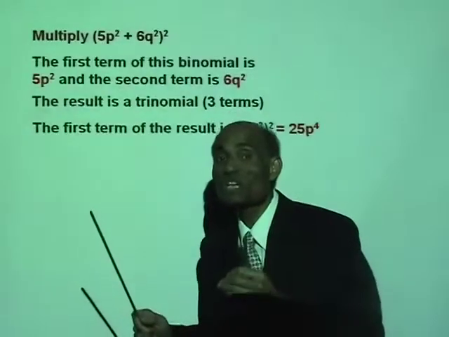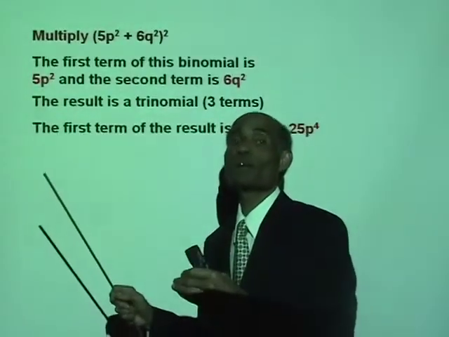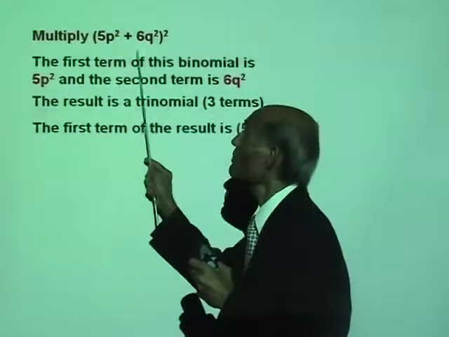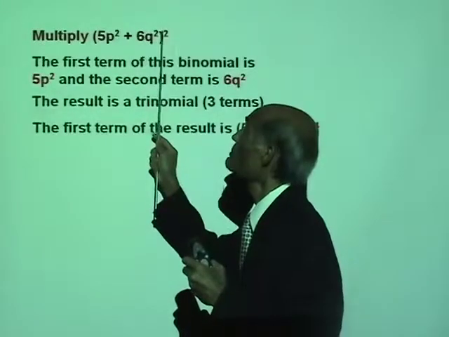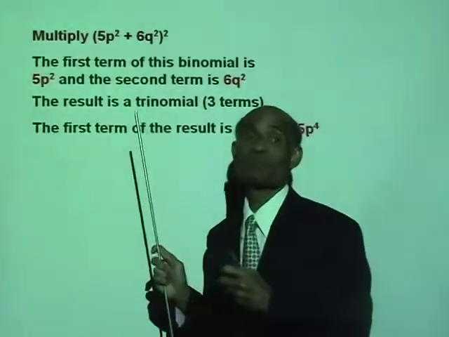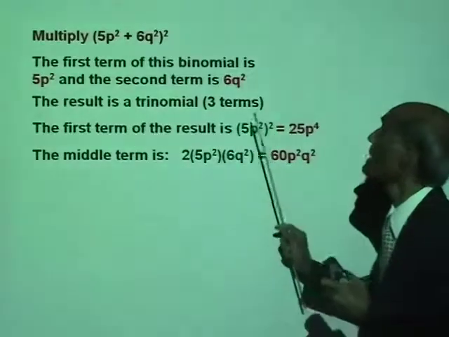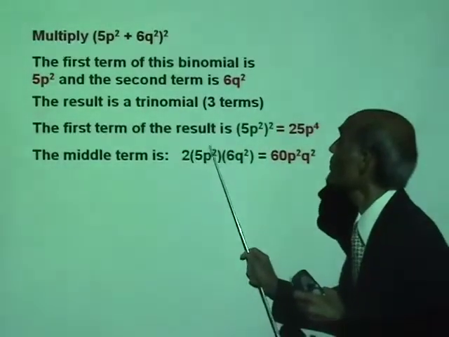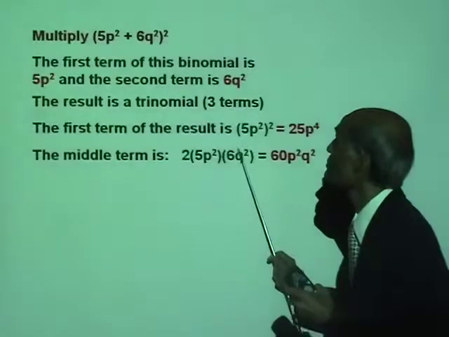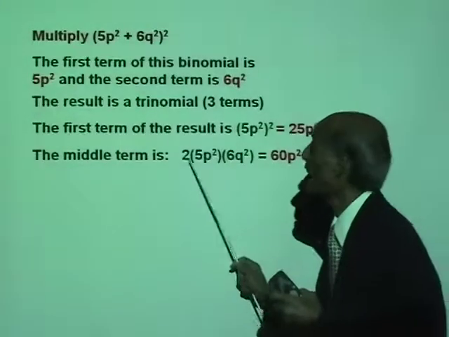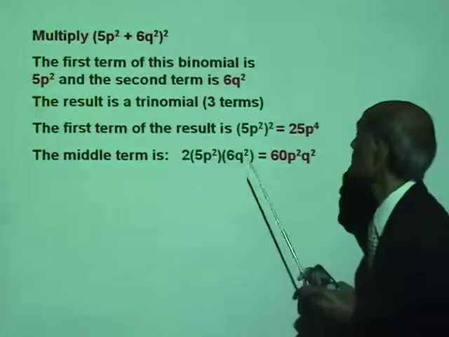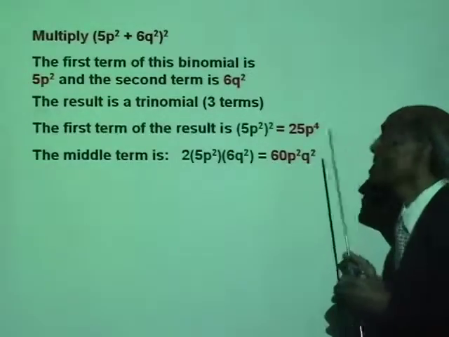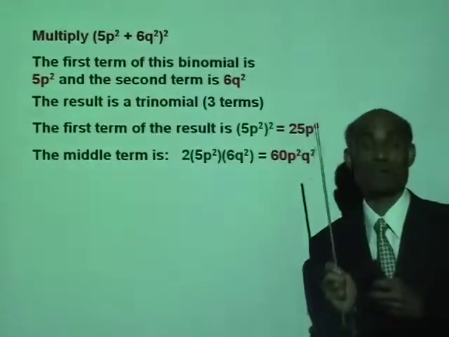It is 30p squared q squared. And now after multiplying the two numbers, multiply that with the 2. So the middle term is 5p squared times 6q squared, and now multiply that with 2. That will be 60p squared q squared.